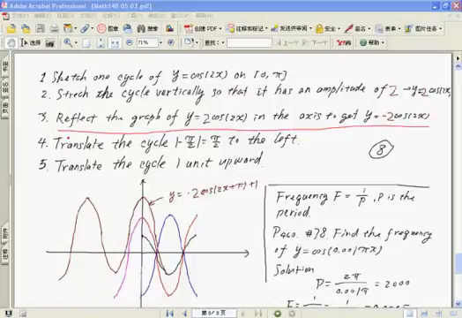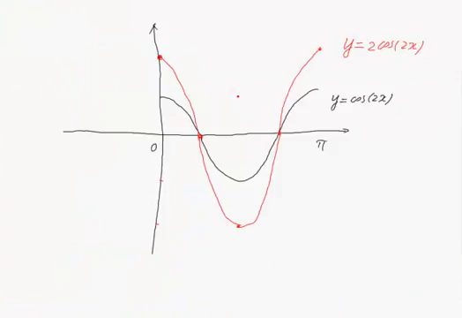Now let's go back to the whiteboard. So we need to reflect this curve about the x-axis. So that means this point goes to this point, and this point goes to this point, and this point goes to this point.